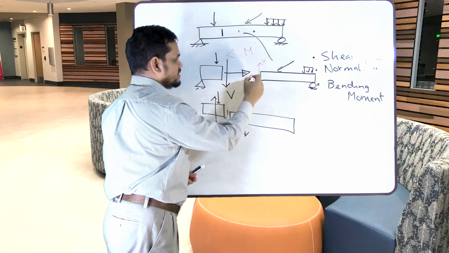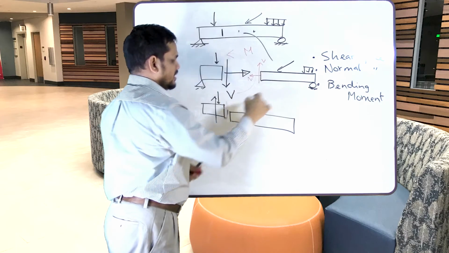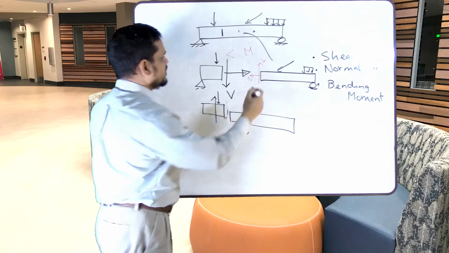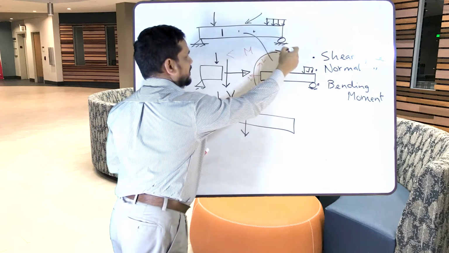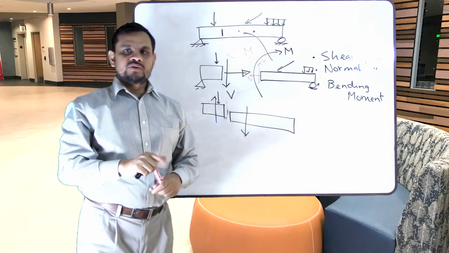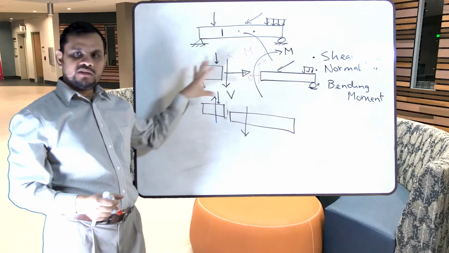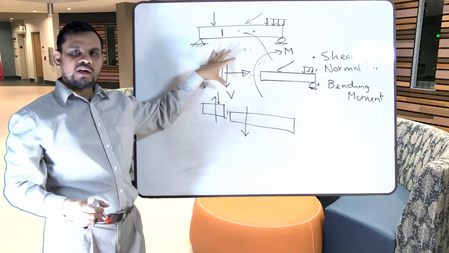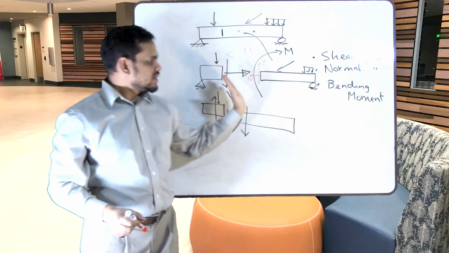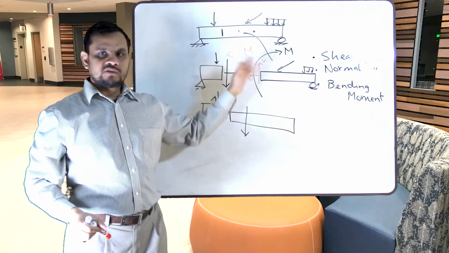This is shear force, this is normal force, and moment I will draw this way. If we consider the left side, this is our sign convention, and all these are positive. If we consider the right side, this is our sign convention.